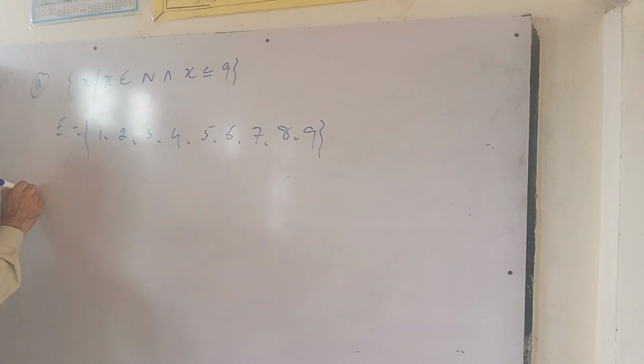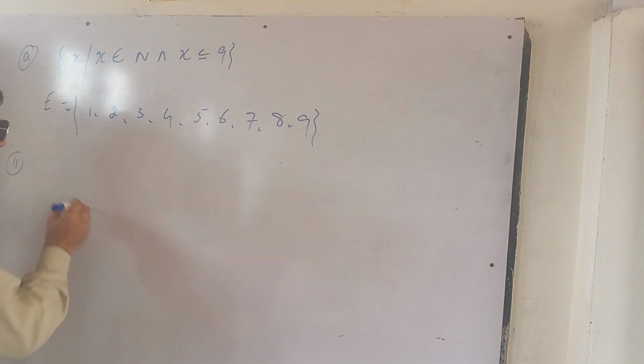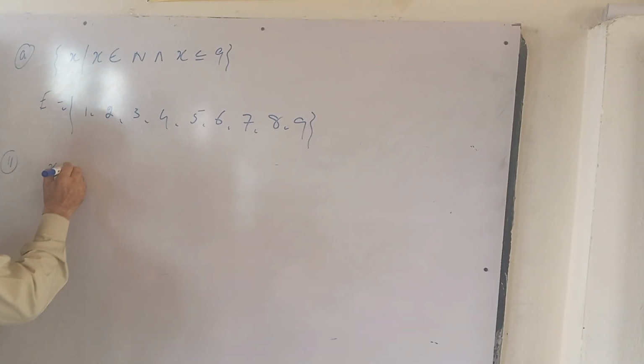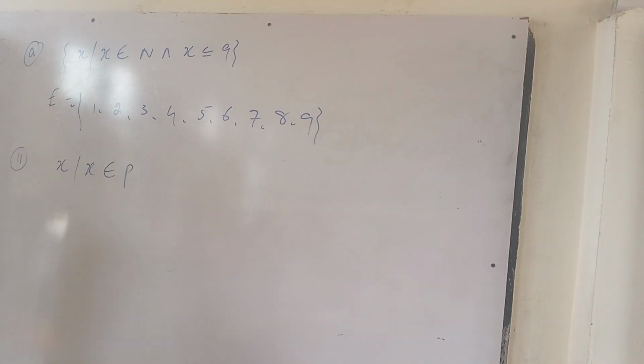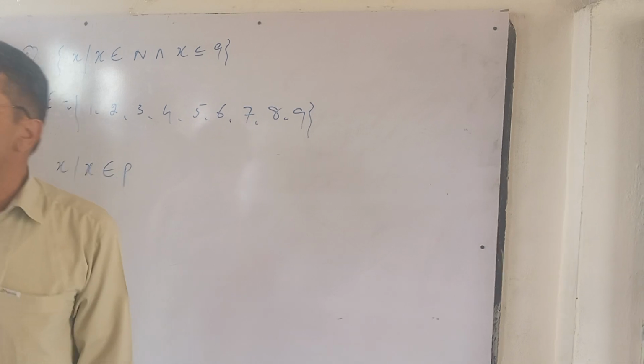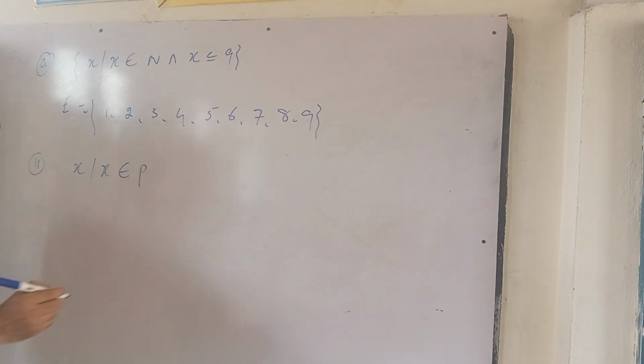Now part 2. Part 2 is x such that x is a member of prime. X such that x belongs to P. The symbol P shows the set of prime numbers, and x is smaller than 20.